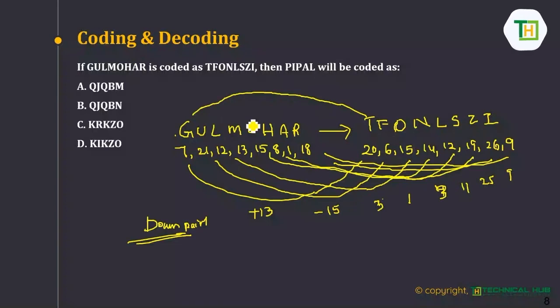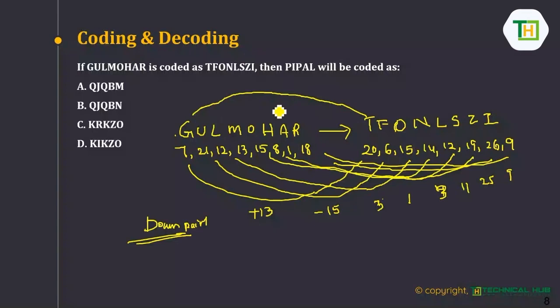L pair is O, LO, love, and M pair is N, MN, moon. Again, O pair is L, OL, love. And H pair is S, HS, high school. And A complementary pair is Z, A to Z. R complementary pair is I, Indian Railways. Okay. So this is the logic.